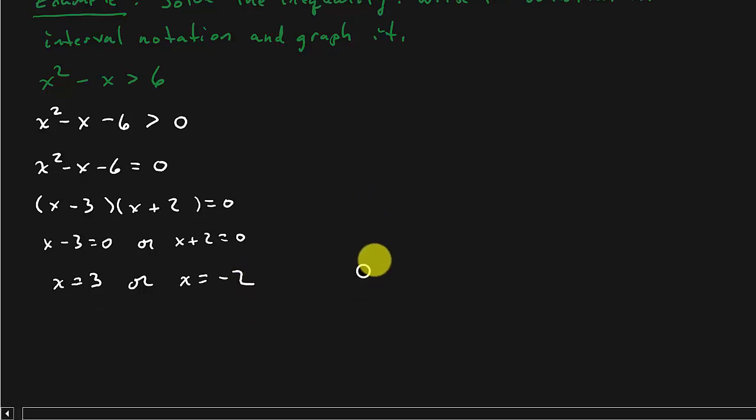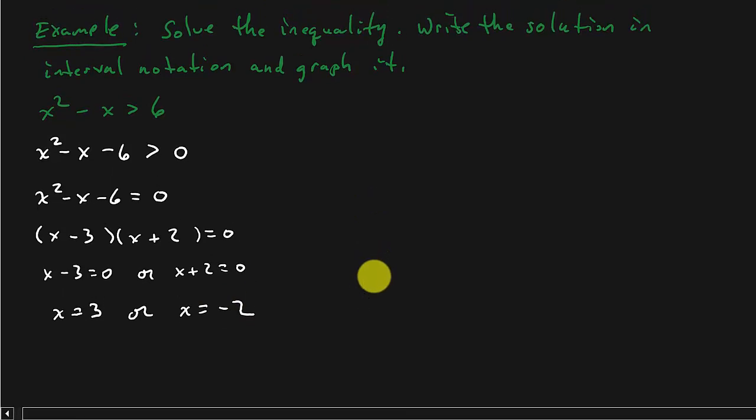All right. Now what we want to do is plot these on a number line. So if I draw me a number line, and I've got negative 2 and I've got 3, it breaks this number line up into 3 regions. And what I want to do is choose a number from each region.